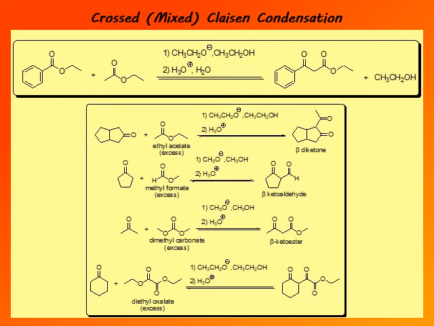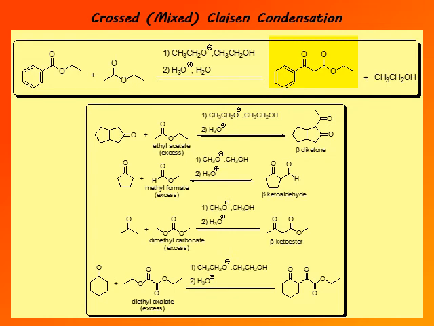Of course, the base must match the leaving groups of the two esters. Since this is ethyl, then the base must be ethoxide in ethanol, and of course, as usual, we have acidic workup, and then the product is beta ketoester. The beta keto group comes from the non-enolizable ester.